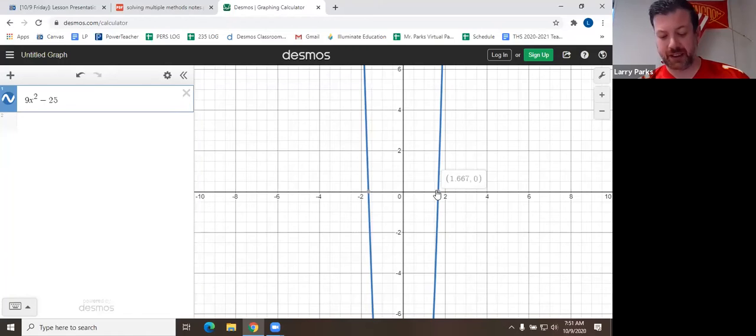And 5/3 as a decimal is 1.66666666666 repeating. So the 7 actually rounds up, and so that's why it's good to know how to do exact methods, because it's not really 1.667. That's an estimation. It's actually 5/3, and this is actually negative 5/3.